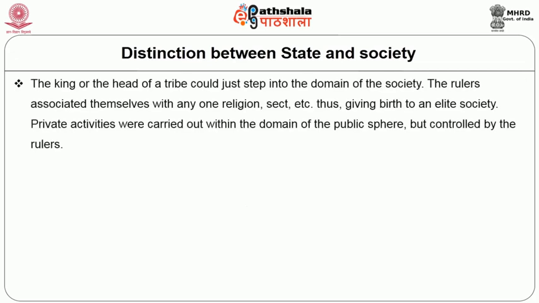The king or the head of a tribe could step into the domain of the society. The rulers associated themselves with any one religion or sect, thus giving birth to an elite society. Private activities were carried out within the domain of the public sphere, but controlled by the ruler.